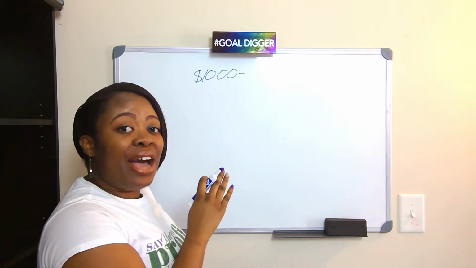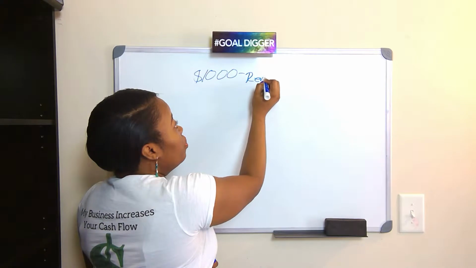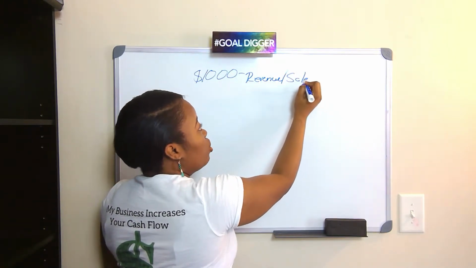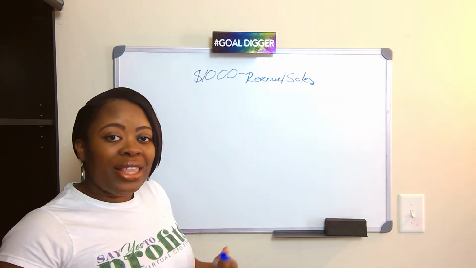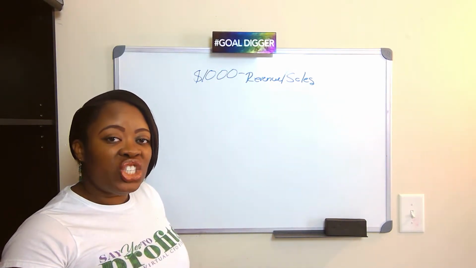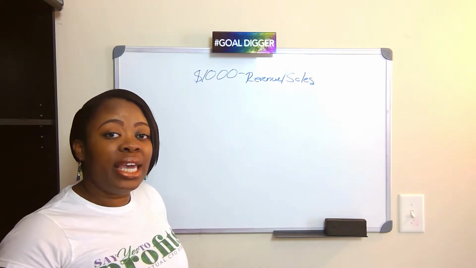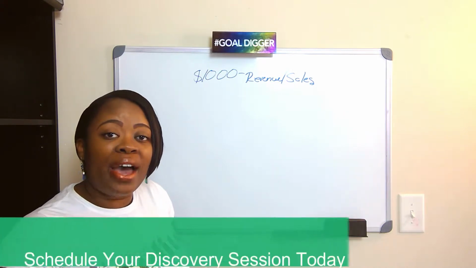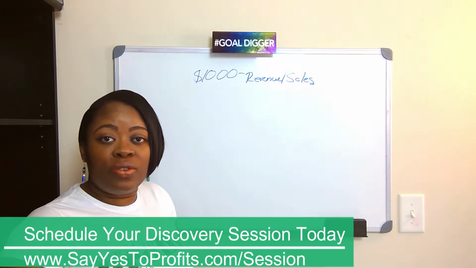This $1,000 is considered your revenue, and it's also known as your sales. And even though you earn $1,000 for providing this service or product to your clients, you actually do not get to keep their entire $1,000 because you have direct costs associated with providing this service or product.